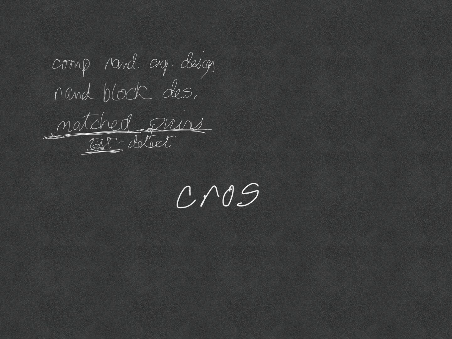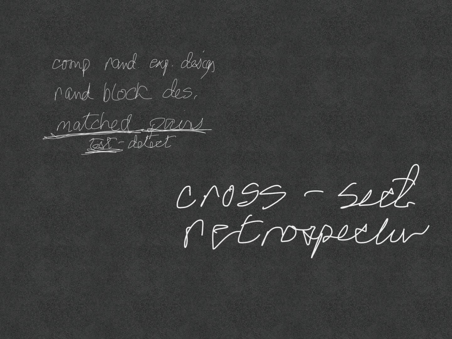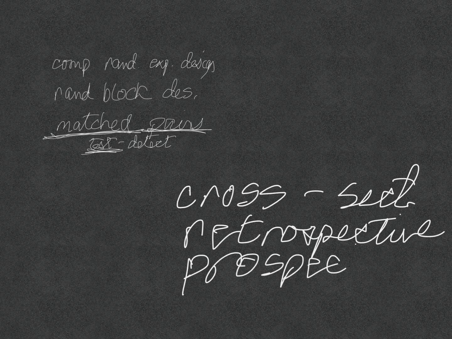There's one called cross-sectional study. There's a retrospective study. And there's a prospective study. And so what kinds of studies are those? Well, cross-sectional is where the data are all observed all at the same period of time.